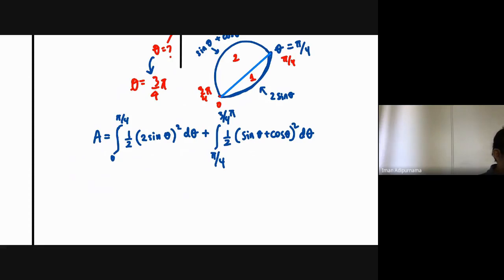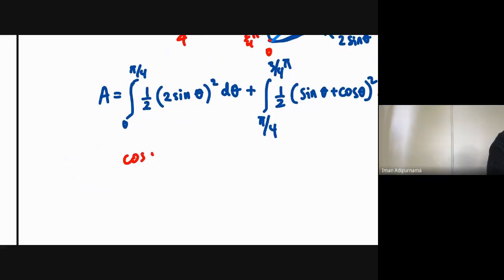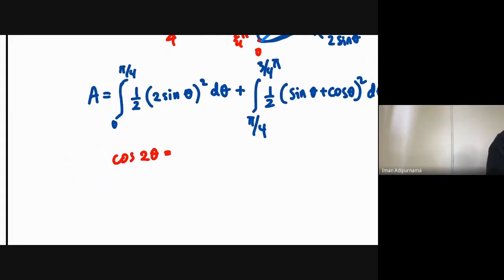Another point to make: if you see any integration and you see any squared form, you need to change to the double angle formula. And that way it will be easy to integrate. So here, let me make the double angle formula for you. You can choose between this or this, right? Wrong. It should be sine, and this should be cosine.